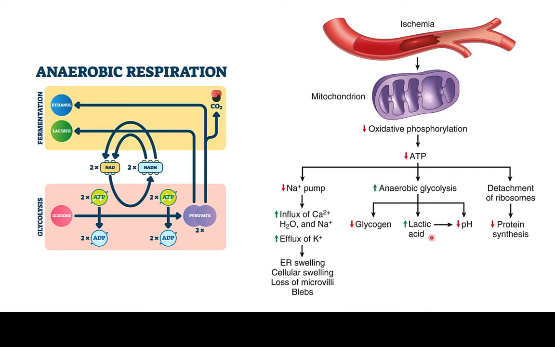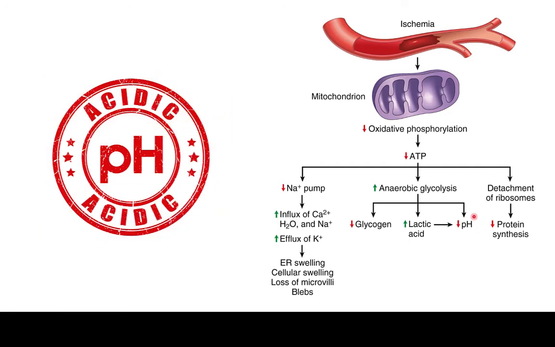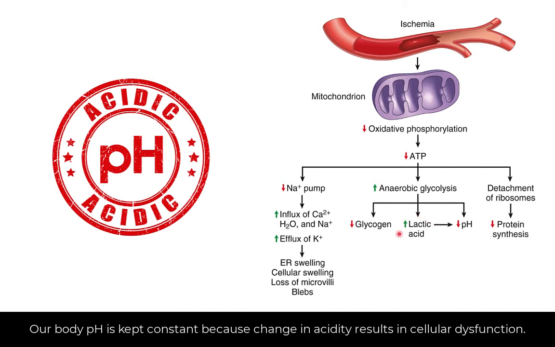Lactic acid is the end result of anaerobic glycolysis, and because it is an acid, there will be increased acidity inside the cell, and acidity is measured by the pH, so the decrease in pH means increased acidity inside the cell. That is another harm of ischemia. Increased acidity inside the cell will change the environment.